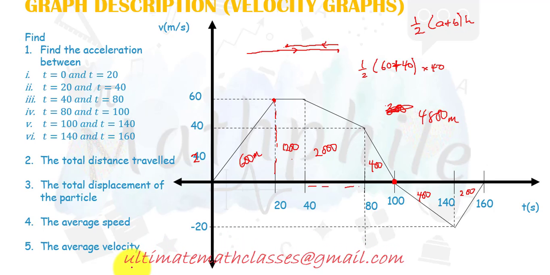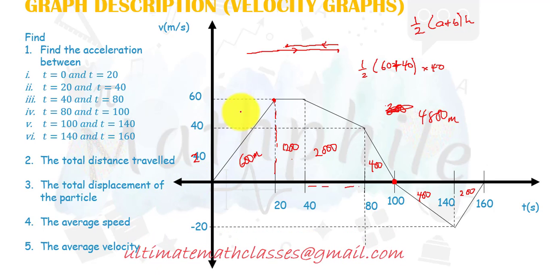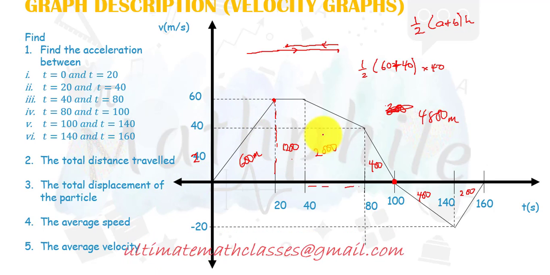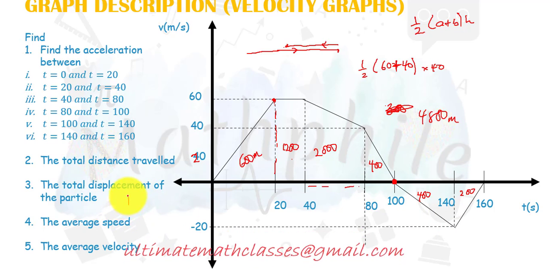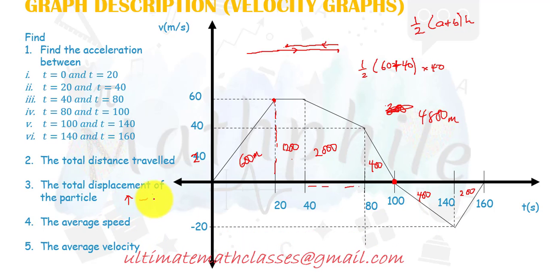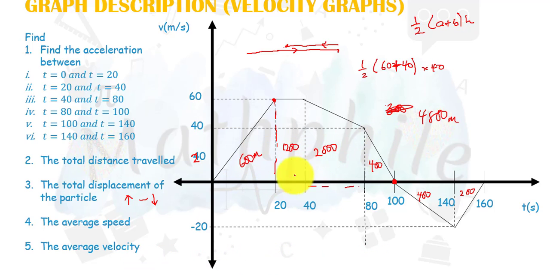So in other words, for displacement on a velocity-time graph, it's going to be the area above the curve minus the area beneath the curve. The displacement is above minus below, because below tells you the particle is moving backwards, and above tells you it is moving forward.